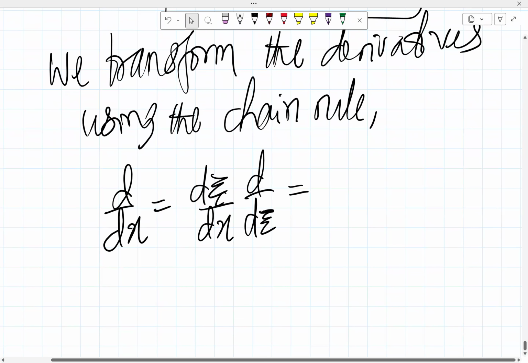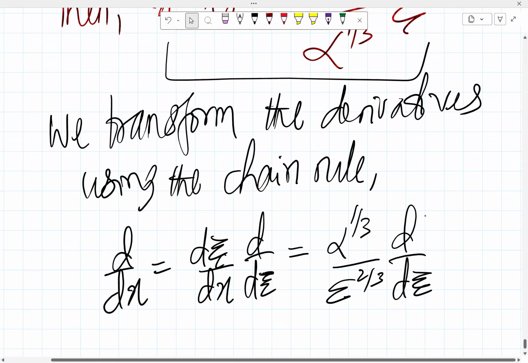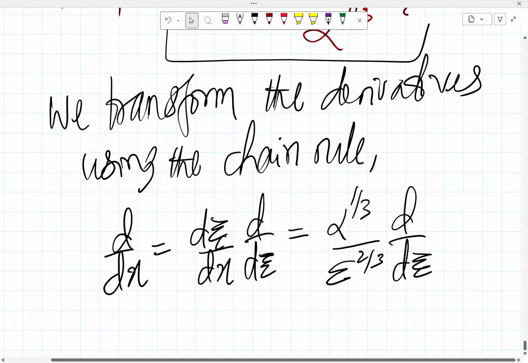So d psi/dx would just be alpha raised to 1/3, epsilon raised to -2/3, multiplied by d/d psi.